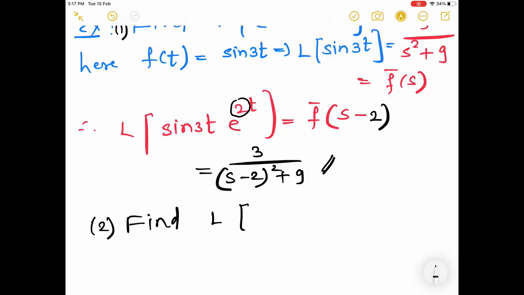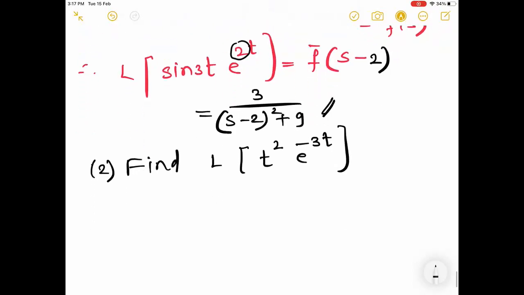Find the Laplace transform of, say, t square e raised to minus 3t. T square into e raised to minus 3t. So here, what is the f of t function? T square.